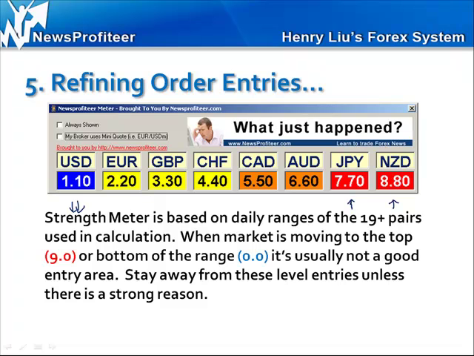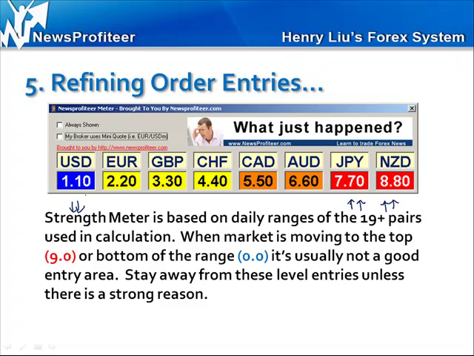All right, and of course, when you are looking at these numbers, you're not really looking at just one pair. You're looking at a combination of many pairs. In order for the number to show a red number, it means that all of the Japanese yen pairs are roughly around the top of the range. Okay, and when you're looking at a blue, that is telling you that all of the dollar pairs are at the bottom of the range.